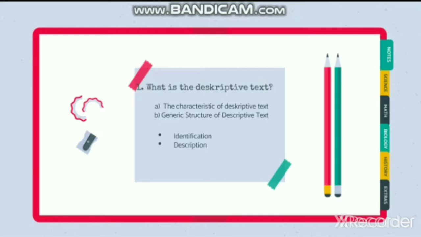And the second, what is description? Description is the section located in the second paragraph and so on, containing the properties inherent in something you have already introduced to the reader in the first paragraph.